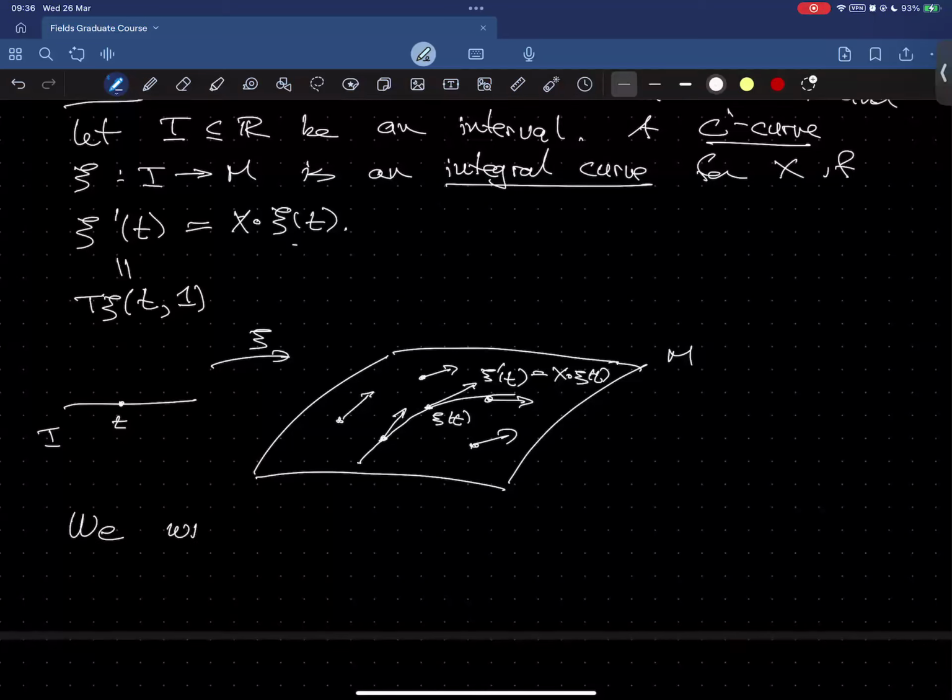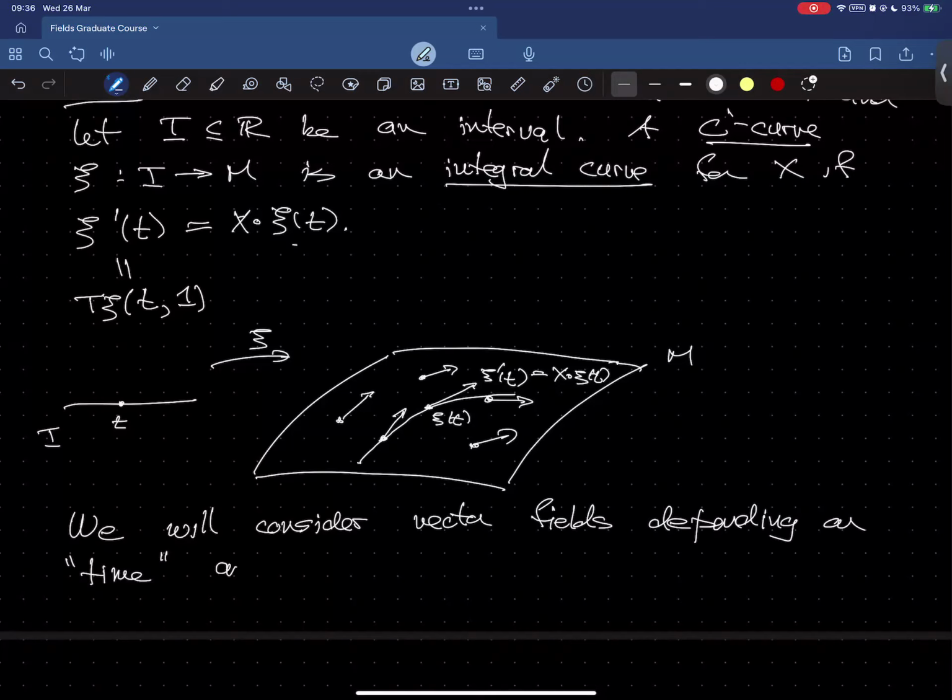We will consider vector fields depending on time, which is the thing I'm writing as t above, and parameter.